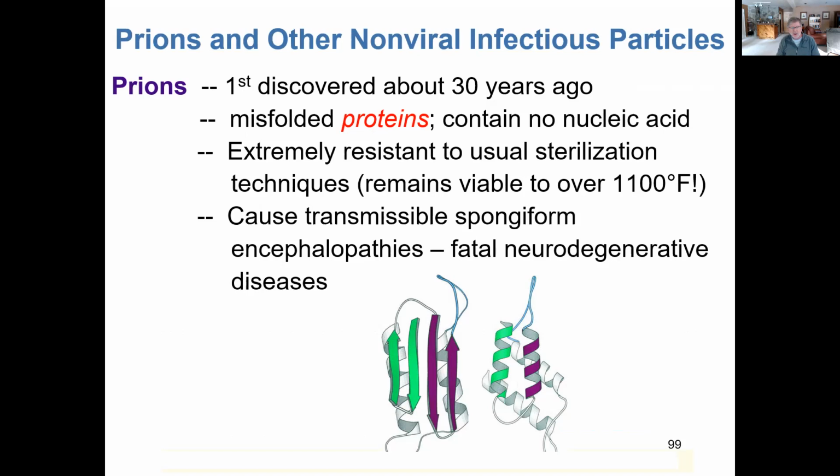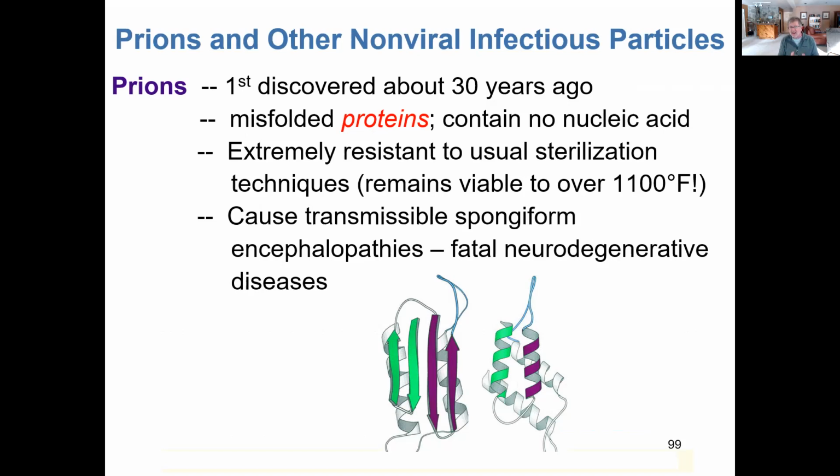What we discovered was that many of these prions are extremely resistant to normal sterilization techniques. Remember, we talked not too long ago about how the autoclave can kill not only the vegetative cells, but also the endospores, those desiccated resistant forms of certain bacilli.